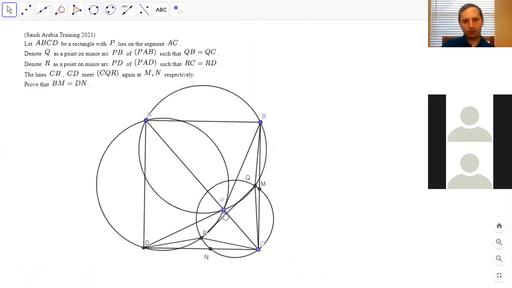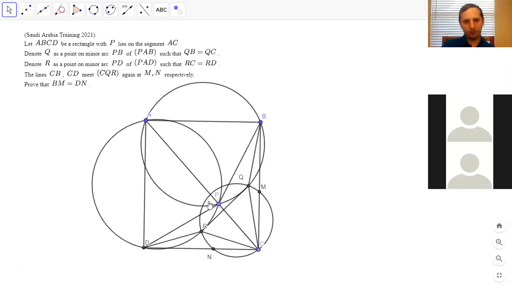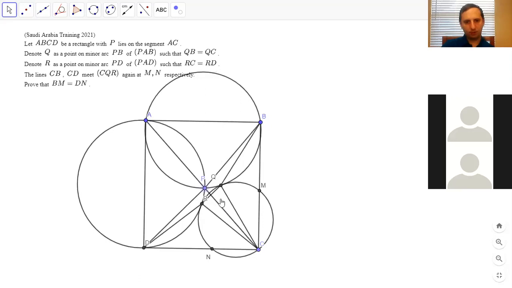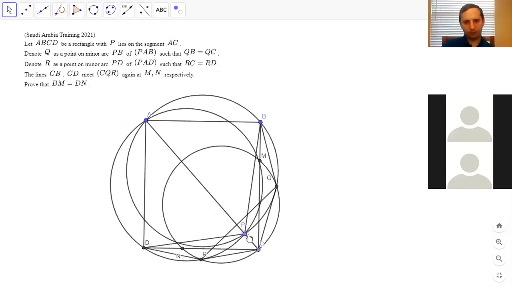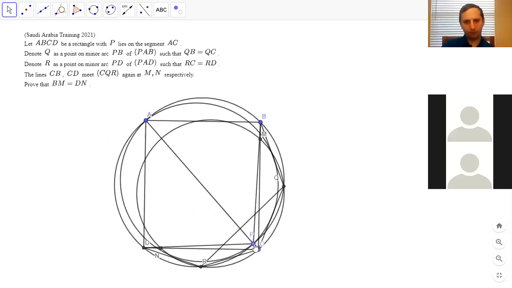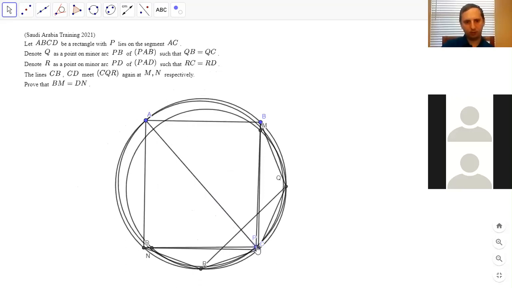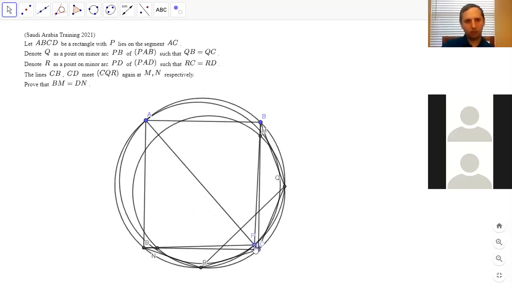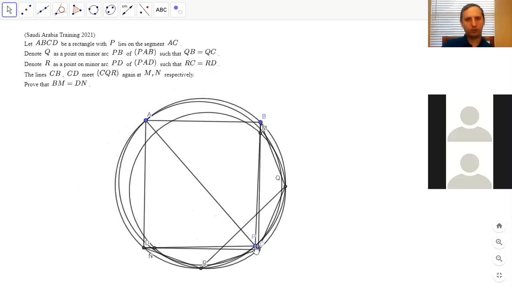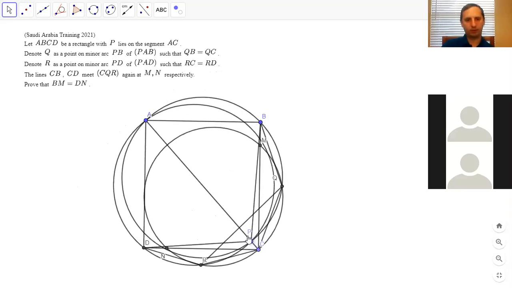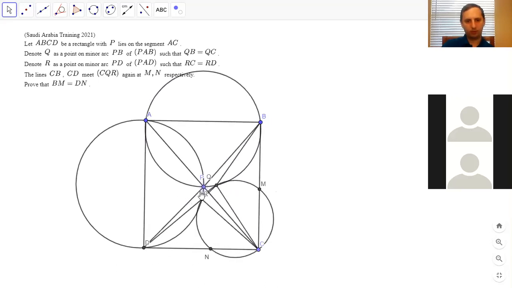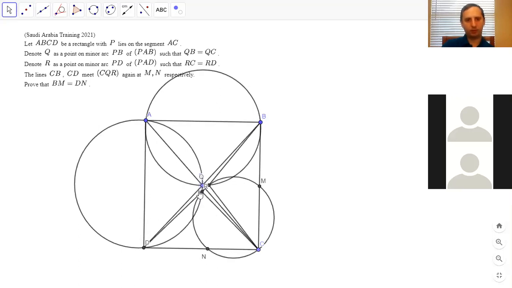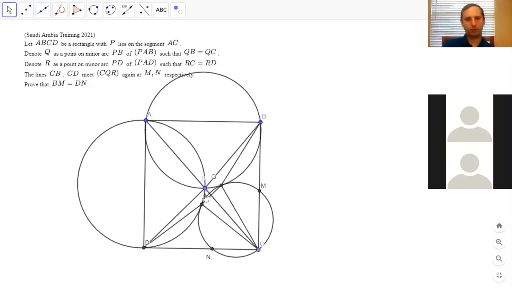So if I move P, what happens to DN and BM? I wonder, is there a degenerate case where we could solve this problem? As P approaches C, those go to 0 basically. And as P gets farther away, we can't make P too far away, because then points Q and R won't exist.